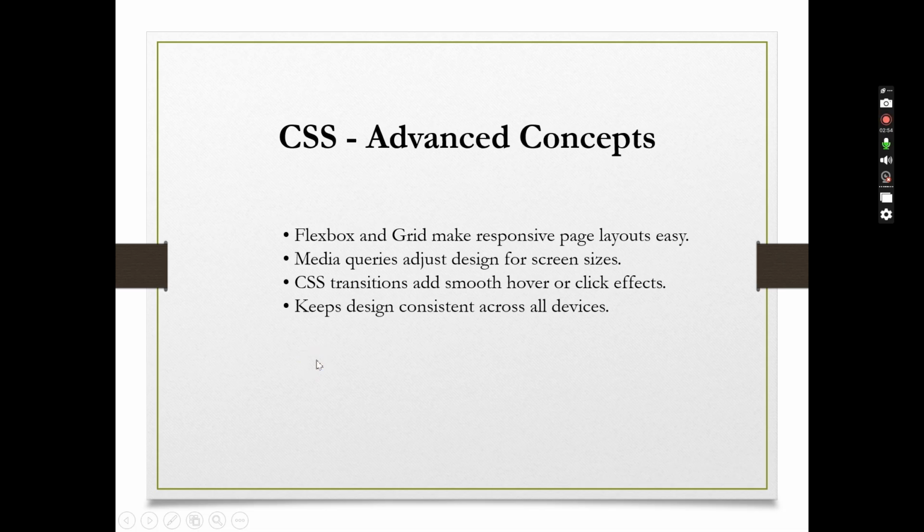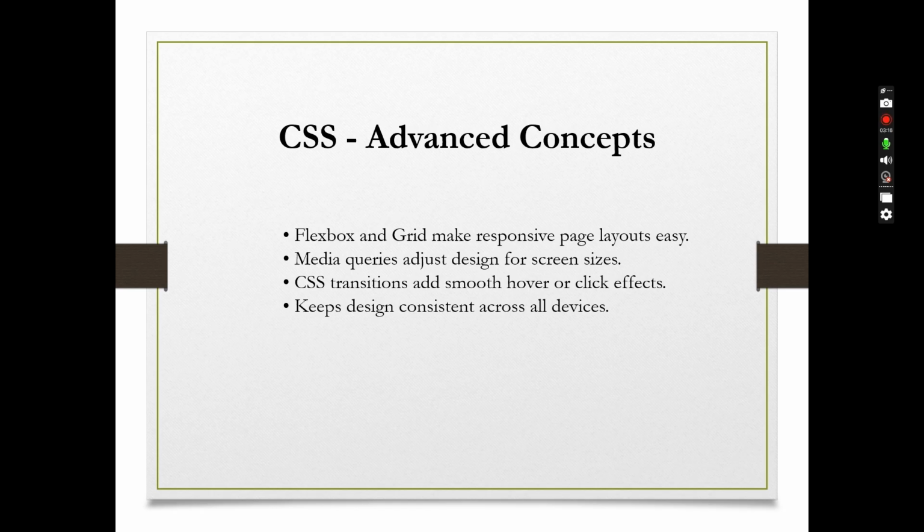In this part, I have focused on how CSS handles layout and responsiveness. It uses properties like flexbox and grid to position items neatly. With the flexbox, we can align items horizontally or vertically with ease.